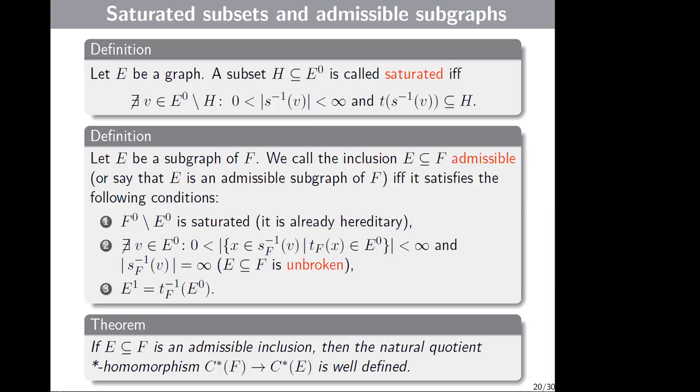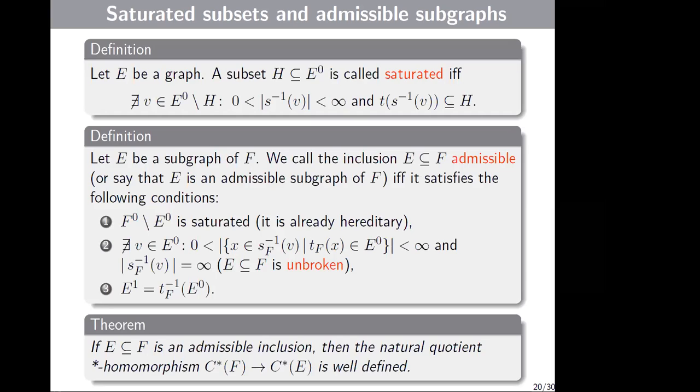So what I do is restrict the codomain of the target map in the big graph F to the subset of vertices E0. I take the pre-image, and of course it includes E1, but I want to make sure that E1 also includes this pre-image.